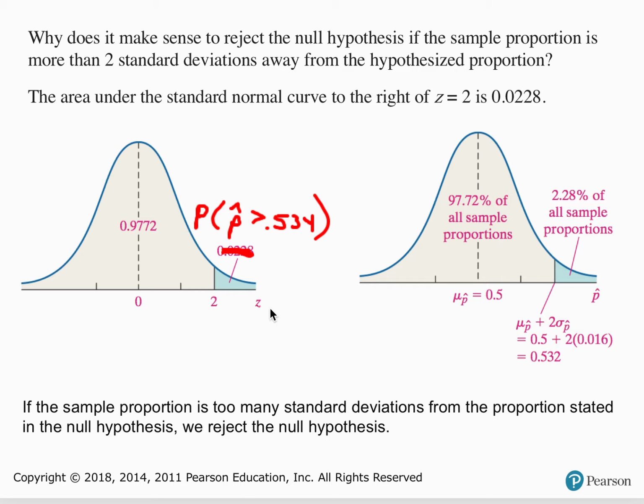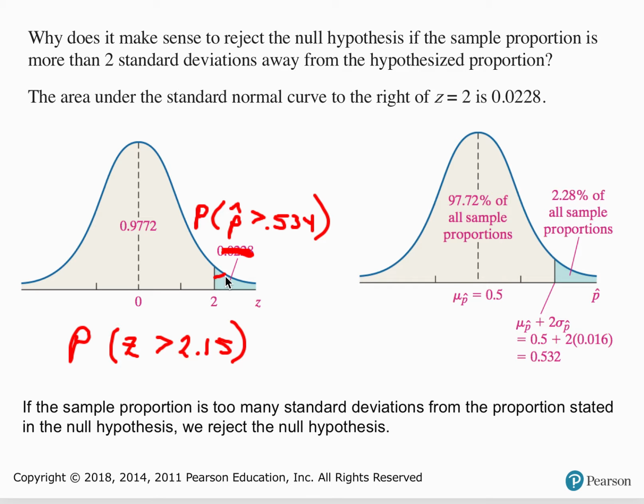So we already know from before that our z value was 2.15. So that means we need to look at the probability that z is greater than 2.15. Looking on my standard normal distribution chart at 2.15, I see it's 0.9842.